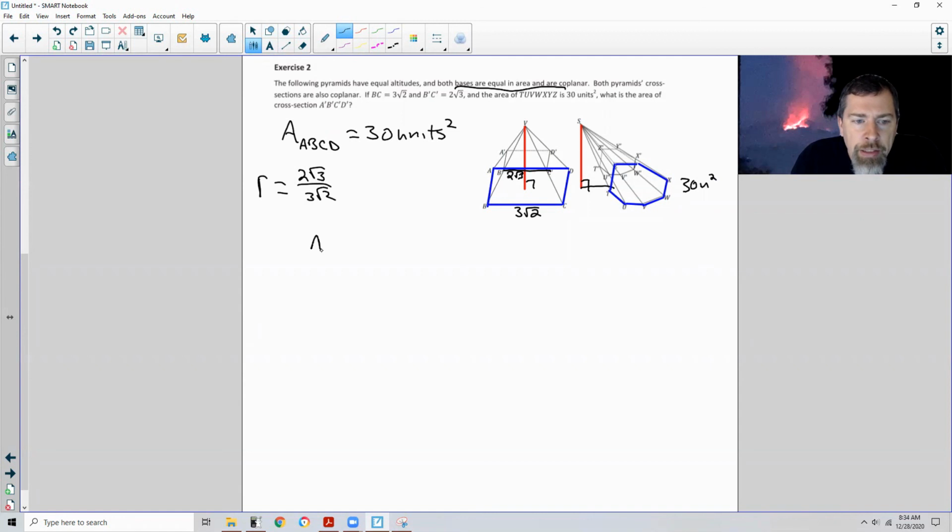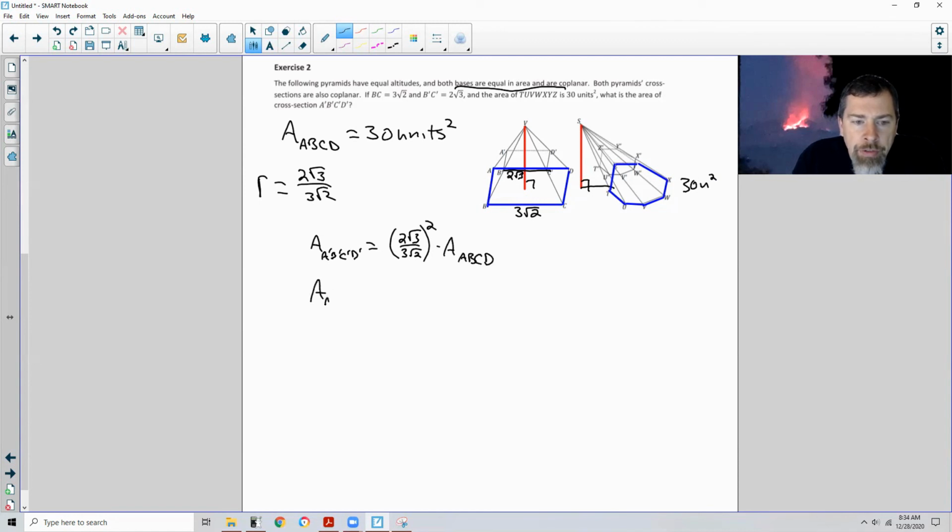And if I know that the area of, what are we trying to find? A prime, B prime, C prime, D prime. So the area of A prime, B prime, C prime, D prime is going to equal 2 square root 3 over 3 square root 2 squared times the area of A, B, C, D.